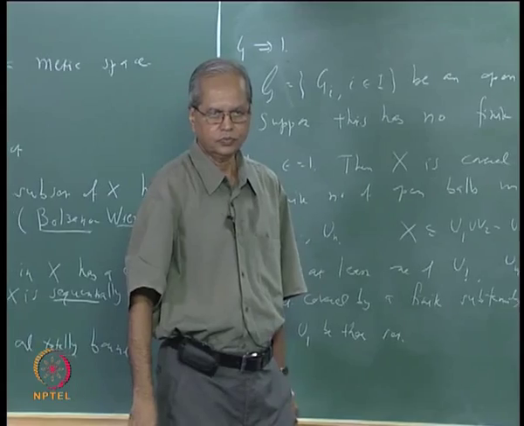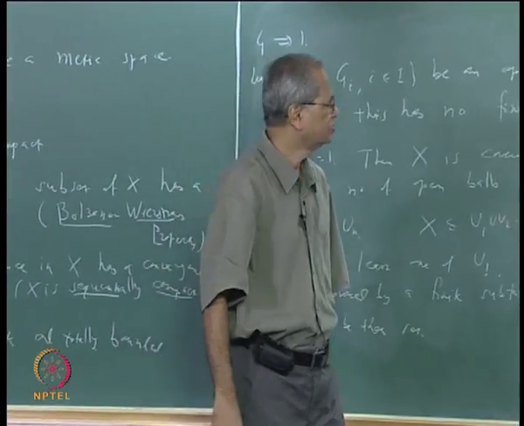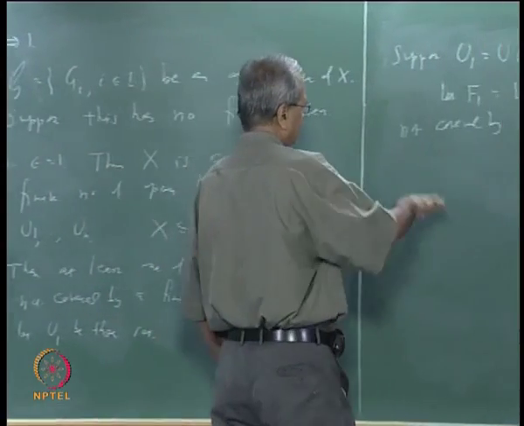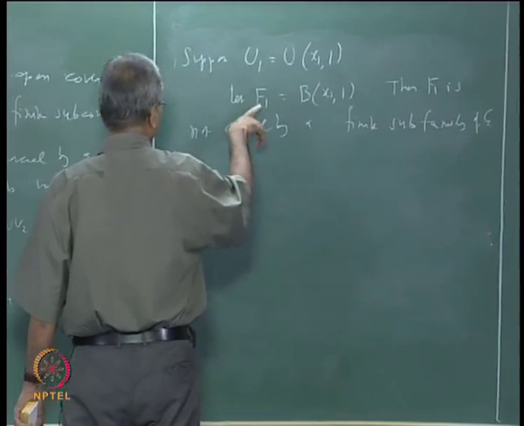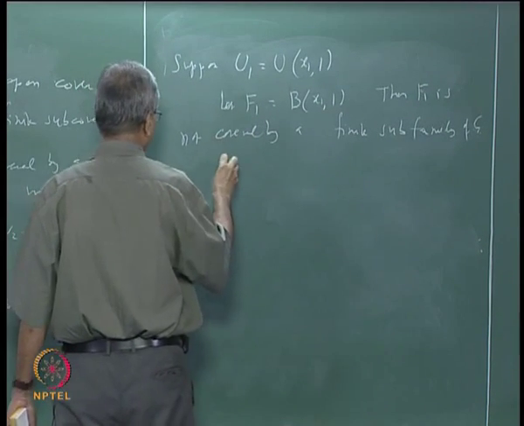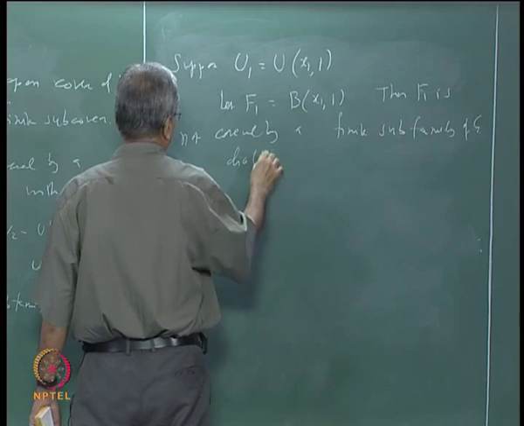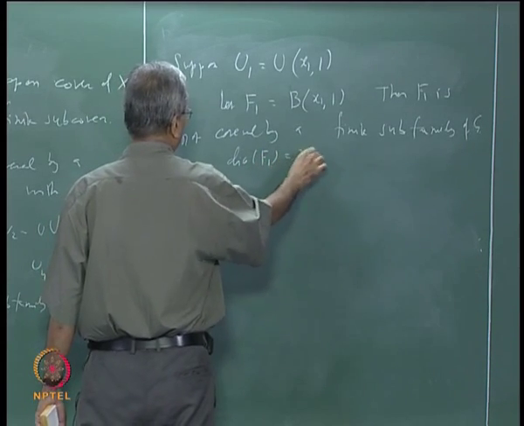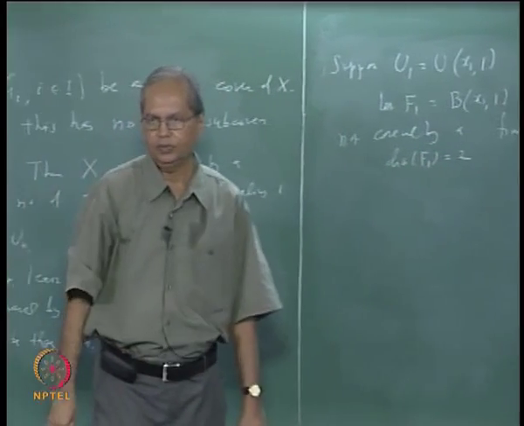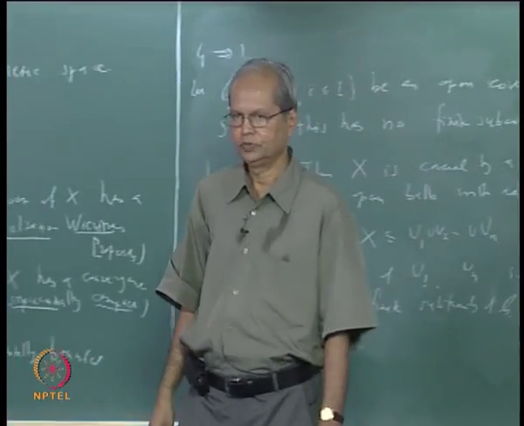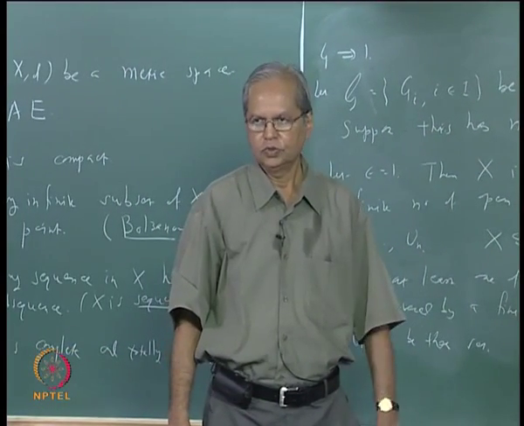Okay, that is one property of F1. What is the second property? I will also want you to note that the diameter of F1 is 2, okay, the radius is 1, so the diameter is 2.